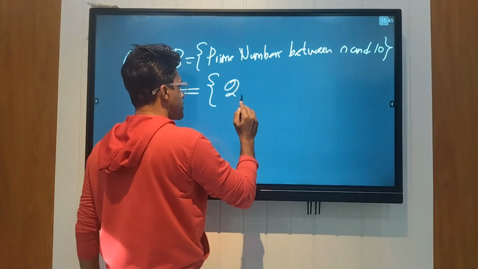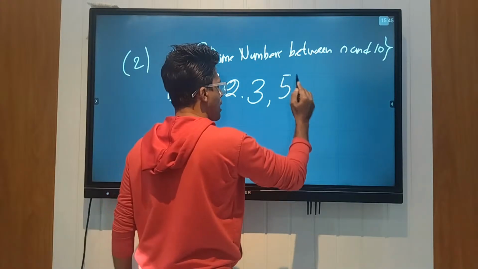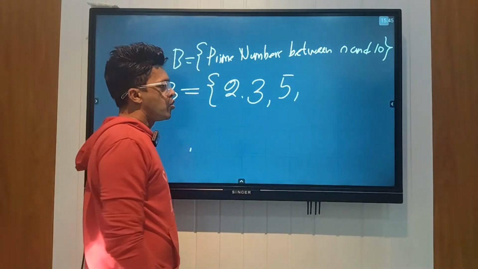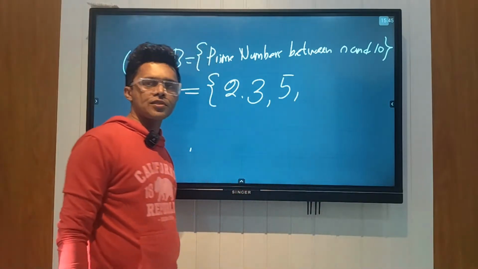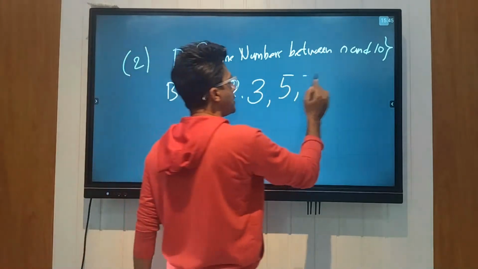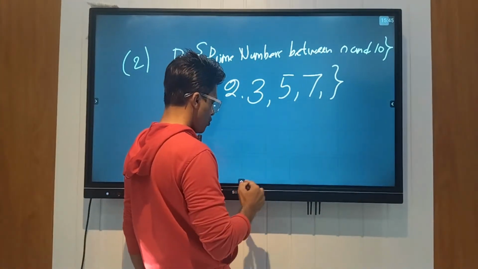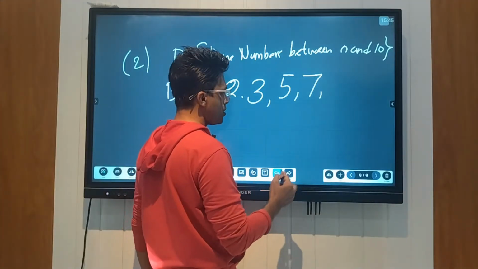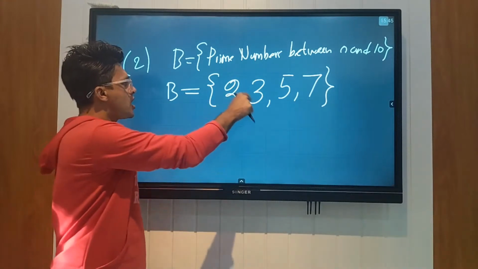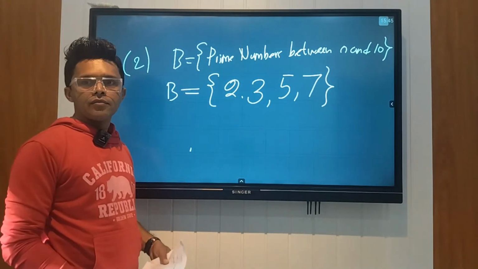First prime number 2, right now I taught you 3. 5 also can be taken, it has only 2 factors. 6 cannot be taken, it has 3 factors. 7 also can be taken. 9 cannot be taken, it has more than 2 factors. So these are the prime numbers that you could find between 0 and 10. These are the elements of the set B.